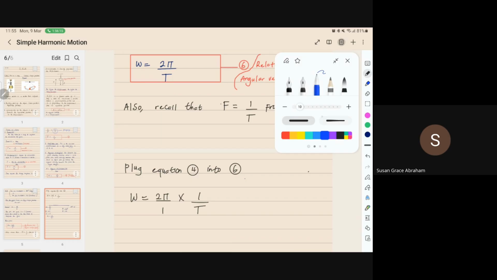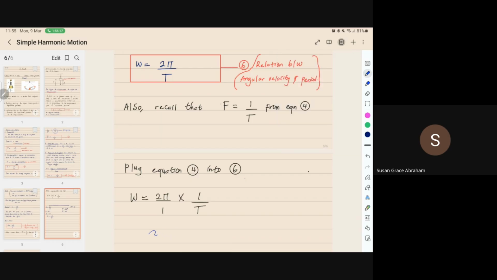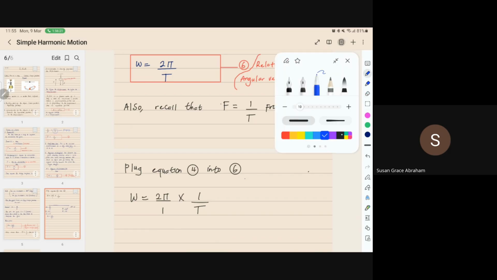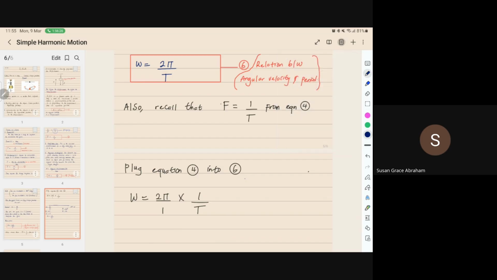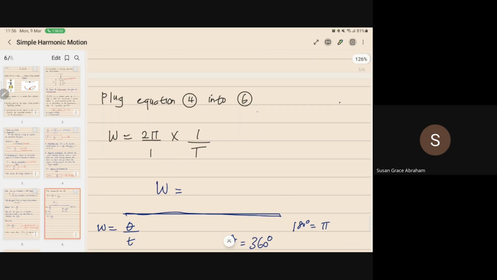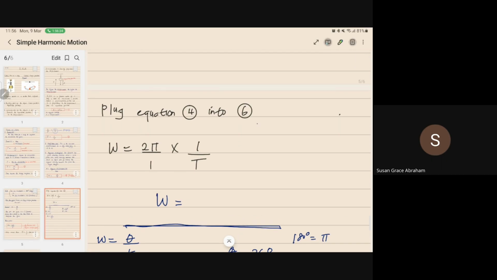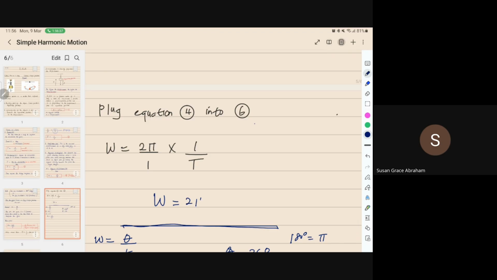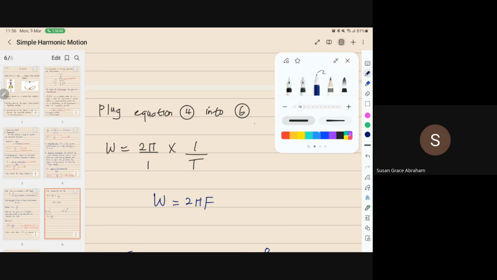So that means w is equal to 2 pi f. If you believe what I said, give me a thumbs up. So that will give birth to equation number 7.